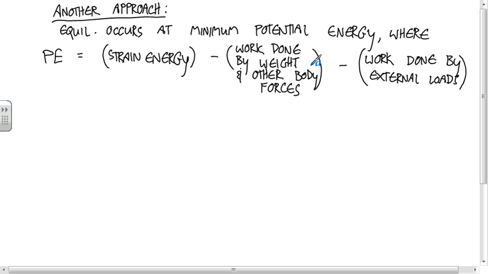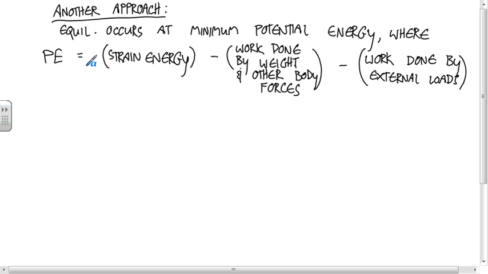So if you calculate these 3 things, do this sum, you end up with a number, and that represents a certain deformation. And if you find the minimum of all the possible deformations, that's at the equilibrium. Okay?